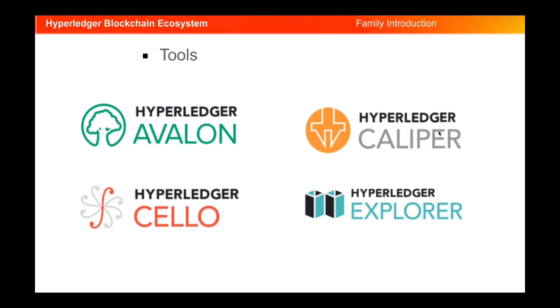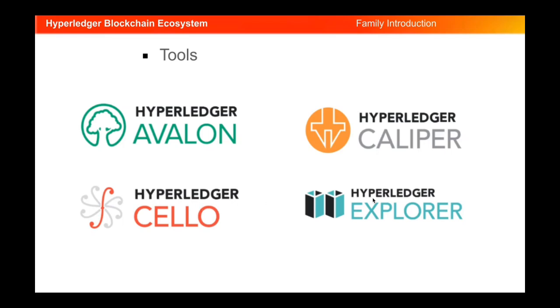Hyperledger Caliper is a blockchain benchmark tool. It measures the performance of a blockchain implementation with a set of predefined use cases. Hyperledger Cello. This facilitates creating blockchain as a service. Hyperledger Explorer.